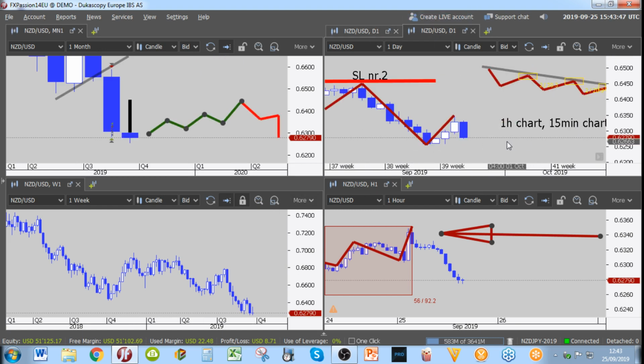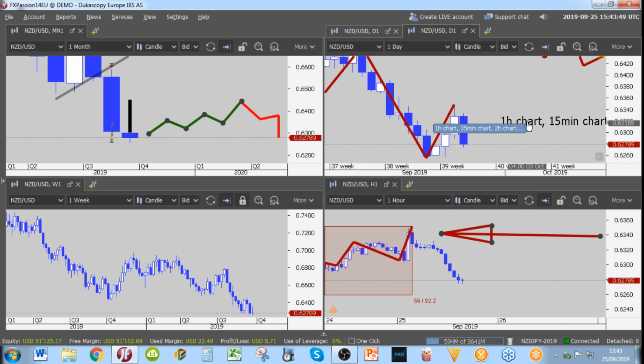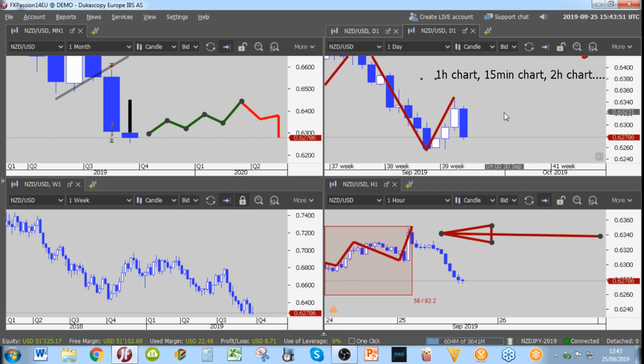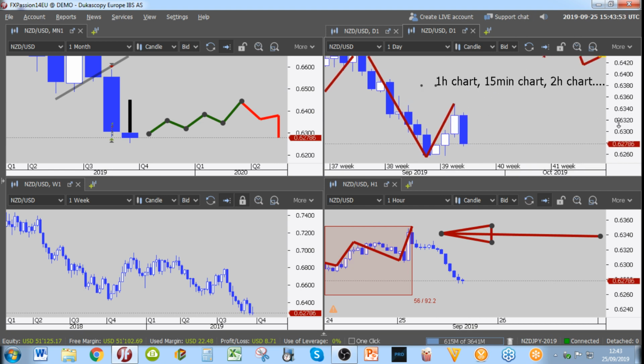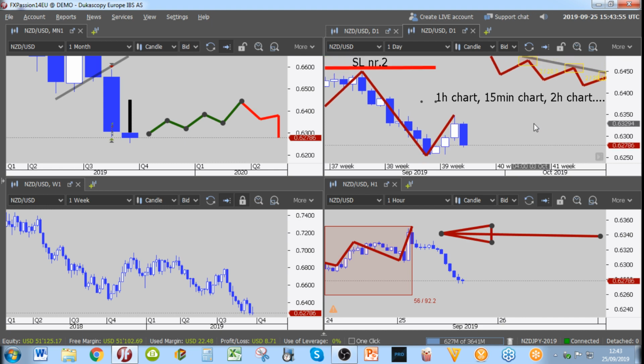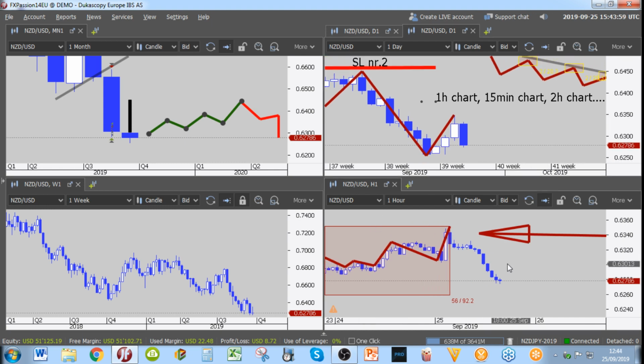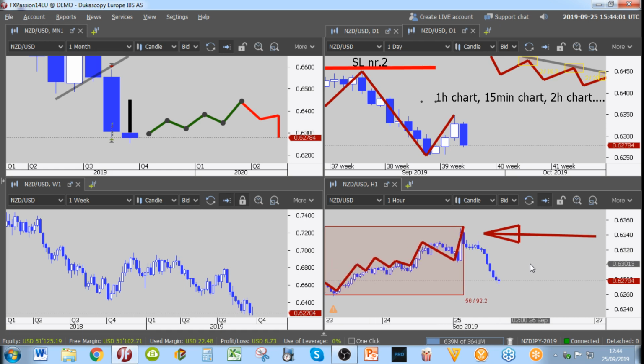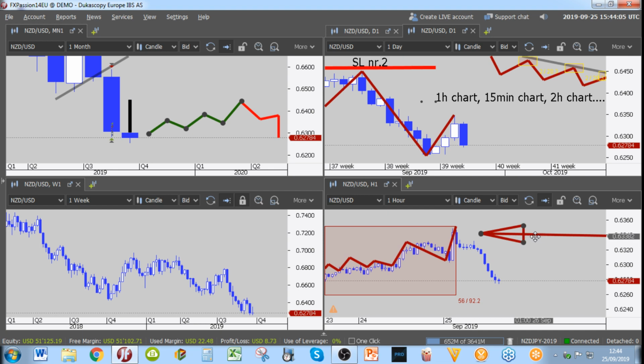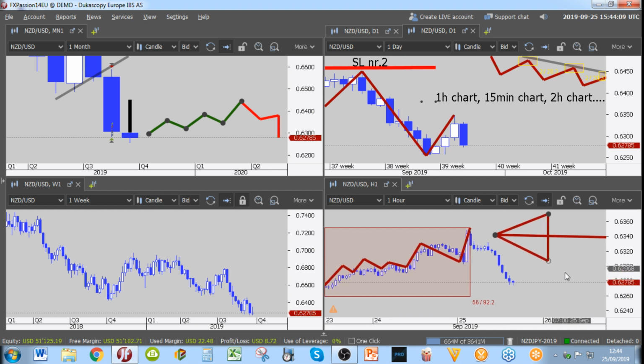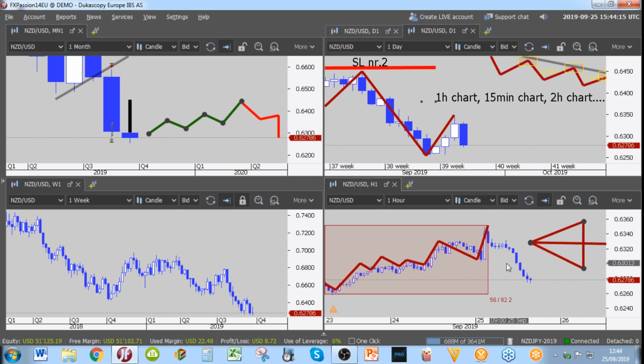The bigger the time frame, the stronger the support, resistance, trend lines, Fibonacci's, pivot points, and the smaller the time frame, the less strong are the indicators. This is what is called the market noise. You learned a lot of rules and concepts, and on the 15-minute chart they simply don't work. Why is that? There is market noise.